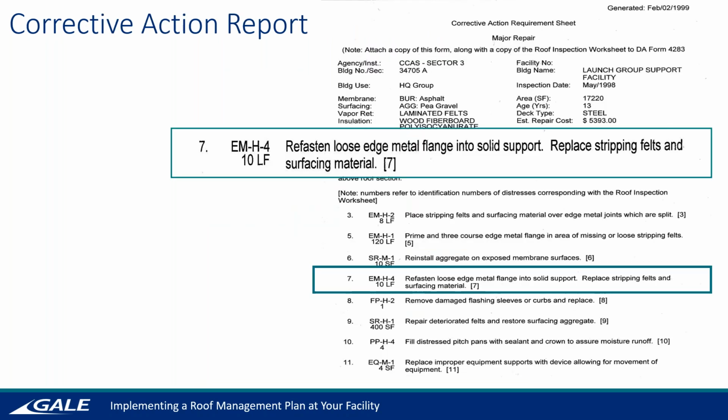Next slide. So some of the things that were put in, Alex showed a photograph where it shows the defects and it showed you the amount of square footage of that particular defect. Well, you're able to input that information again into a program. It says refasten loose edge metal into the solid support. And you're going to replace stripping felts and surfacing material.